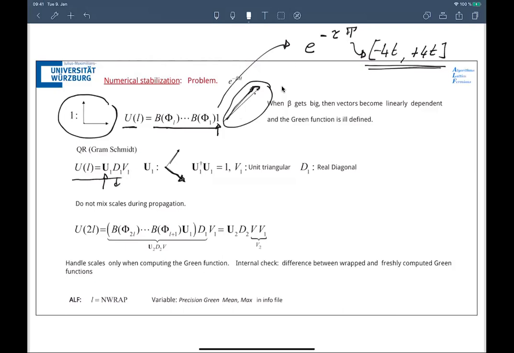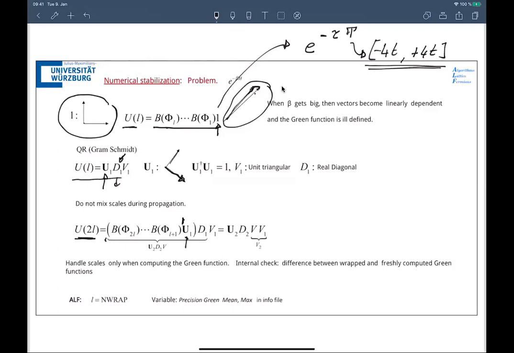The point is that you keep the scales separate. All the scales are in D, and you try never to mix scales up until after the very last algebraic manipulation. When I would like to build up those B matrices, for example to calculate U of 2L, I first go up to B of L, do this UDV decomposition, then start with my U1 and propagate it again.